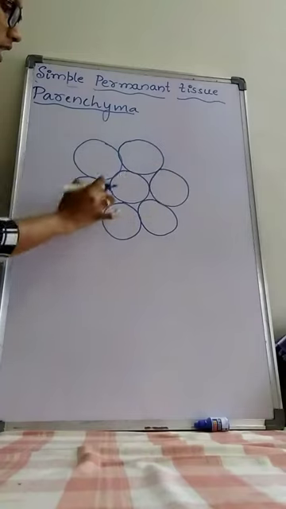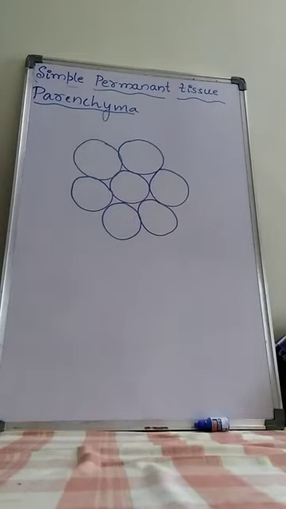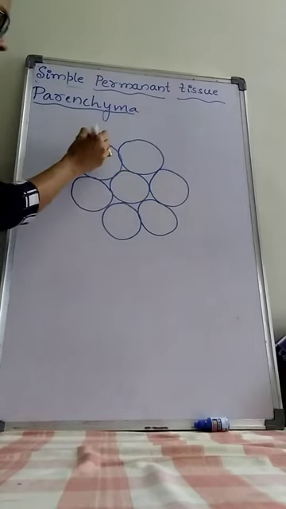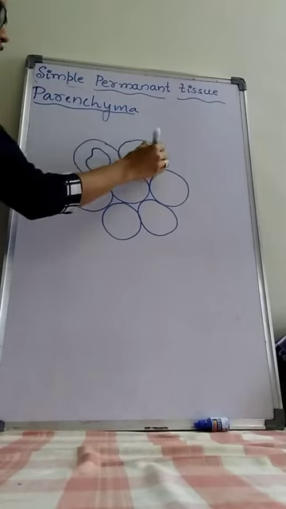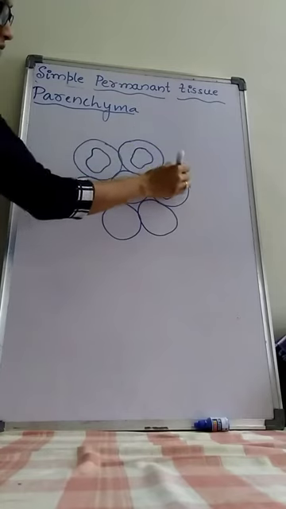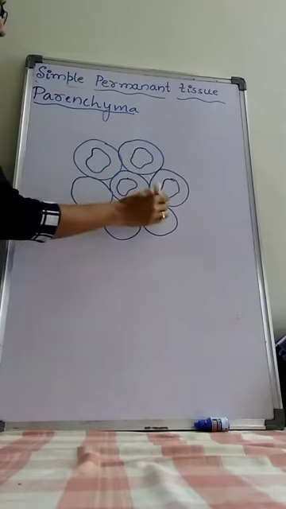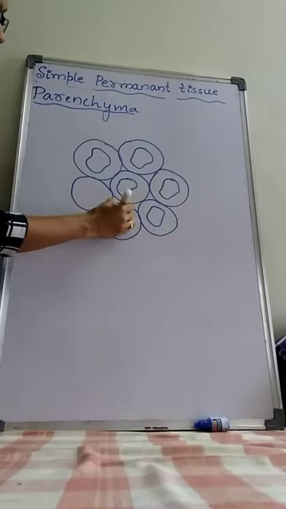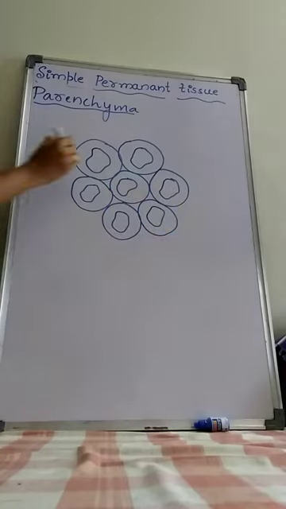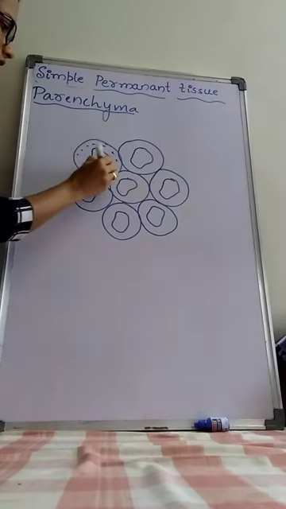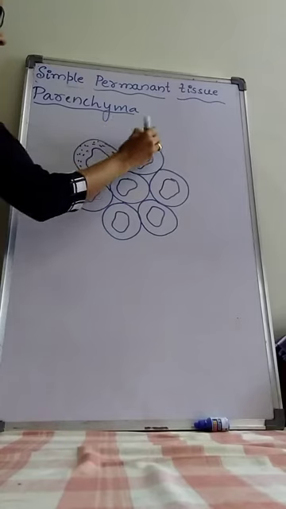These cells are spherical or oval shaped. At the center, a large vacuole is present, and here cytoplasm is present.